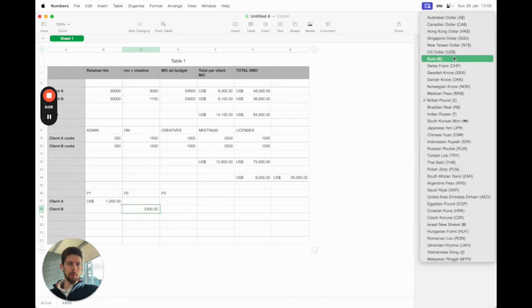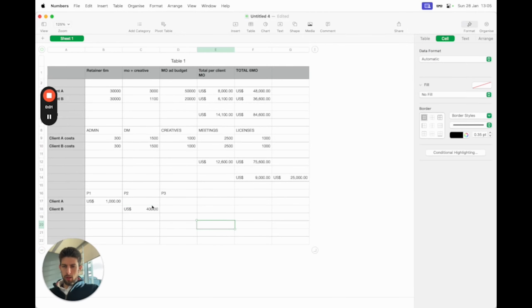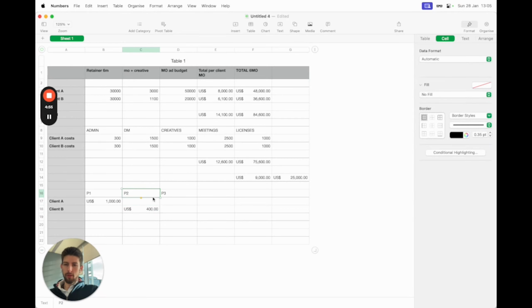And we get back to the dollar, and there we go. So now we can charge this monthly, we can charge this as a one-off, it doesn't matter. This is bottom line, right?